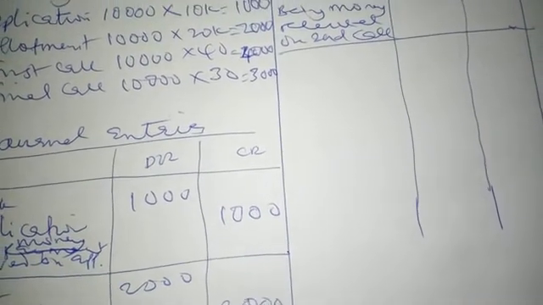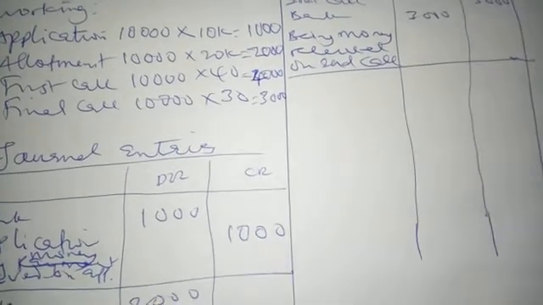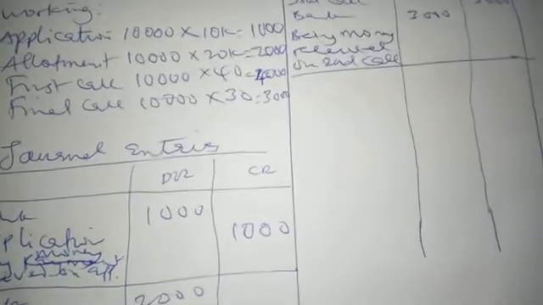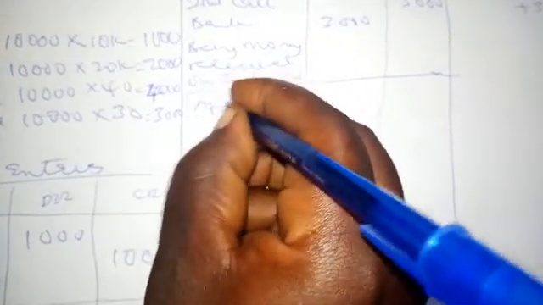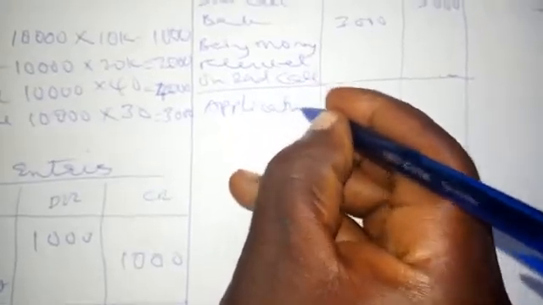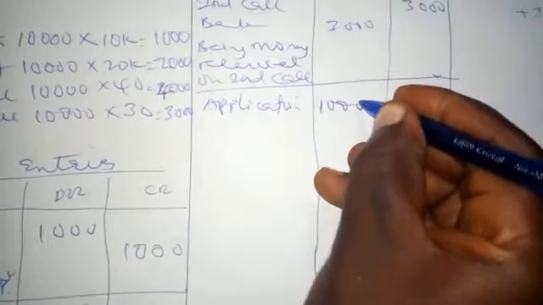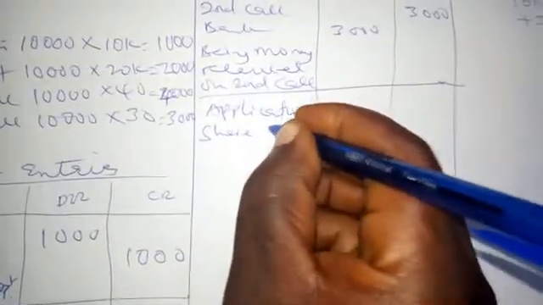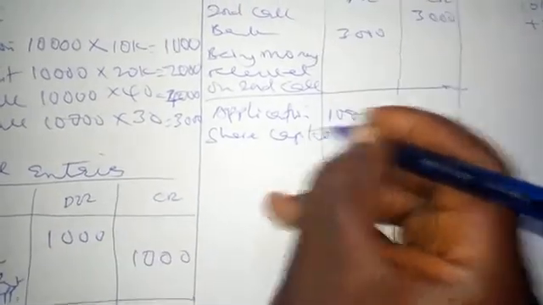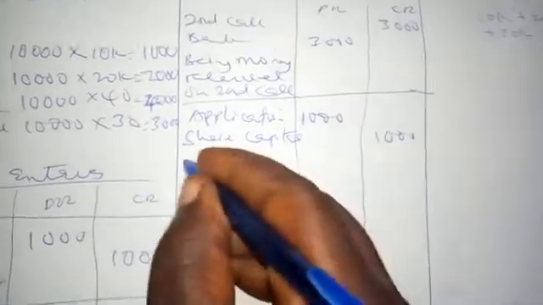You start with the application: 1,000 naira, and then ordinary share capital, the same thing. How much? 1,000 naira. You close it.